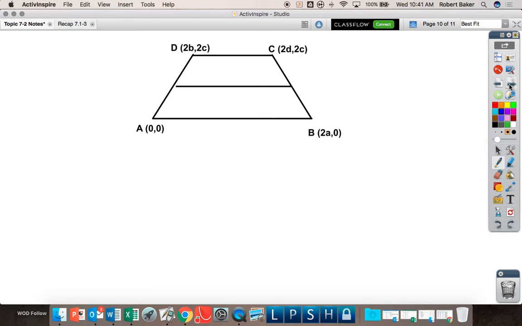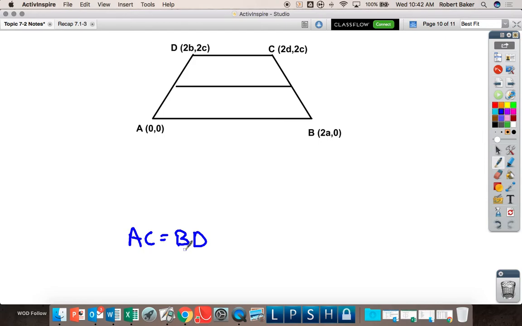All right, so the paper says, and it gives you a hint, use the distance formula to prove that shape is an isosceles trapezoid. It says prove that diagonals AC and BD are congruent. That's one step. All you have to do at the very bottom is prove that AC is equal to BD. Once you prove that, you're done.